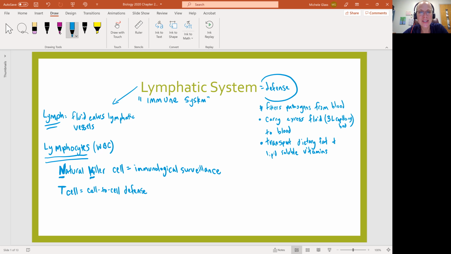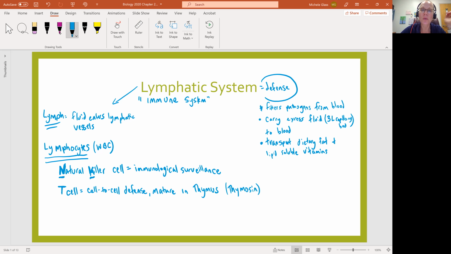T cells will be directly killing cells, killing pathogens or infected cells, mostly pathogens. It's called a T cell because it's going to mature in the thymus. And we'll see that there are thymosins.